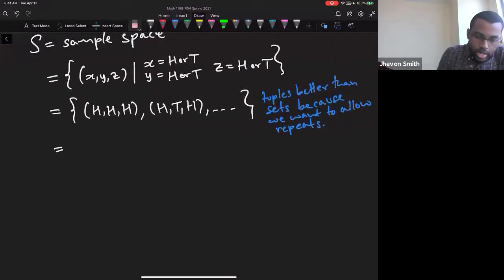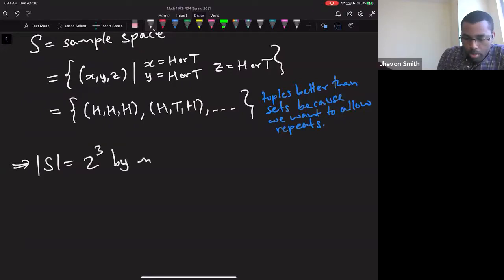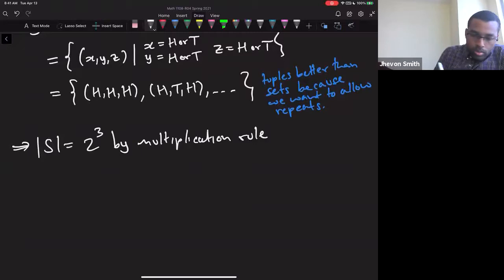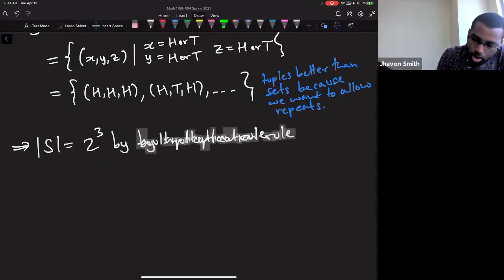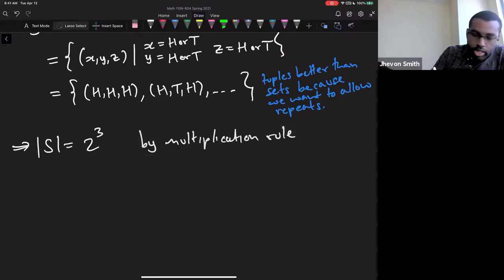So this would tell you that the size of the sample space is equal to 2 cubed by the multiplication rule. So there are 8 possibilities here because this is the number of ways you can create a 3-tuple where each entry has 2 possibilities. So I know there are 8.